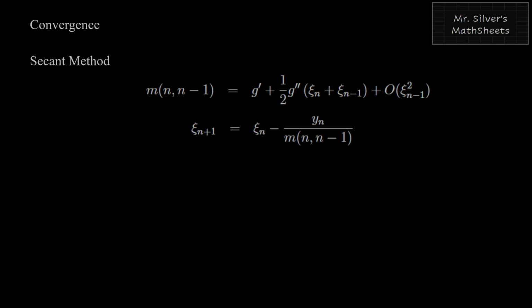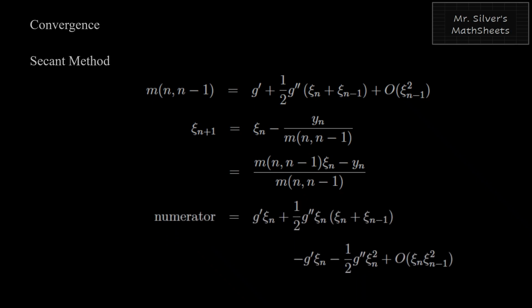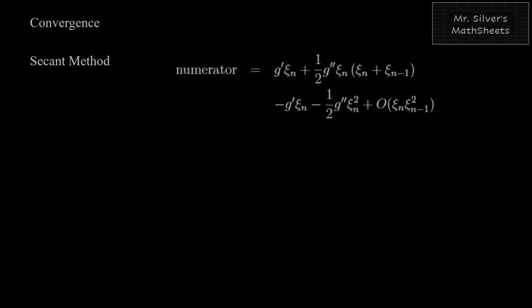other terms. Now when we use the law of motion for xi n plus 1, we'll get some nice cancellations in the numerator. The g prime xi of n term cancels. It cancels in everybody's method, but there's actually more cancellations here in the numerator.